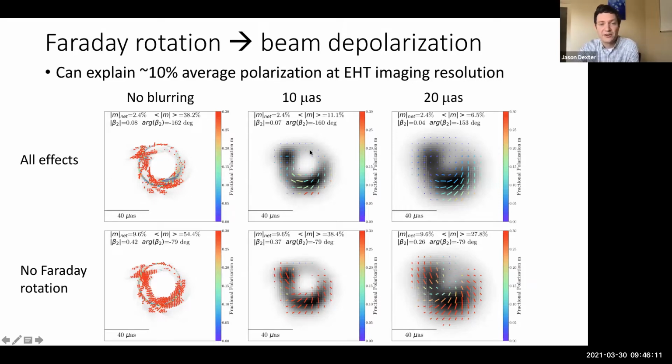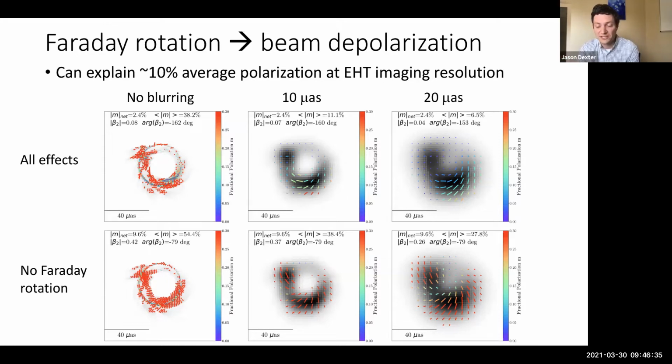And that means that when we go to blur the images, we depolarize. This is beam depolarization, and we're smearing out different directions and canceling the polarization. And so this effect can really nicely explain the depolarization that we get at the EHT scale. And as far as we're concerned, it's a much more natural candidate for producing the low polarization we see than, say, very tangled magnetic fields due to turbulence.